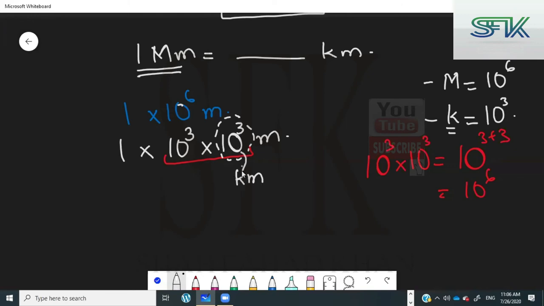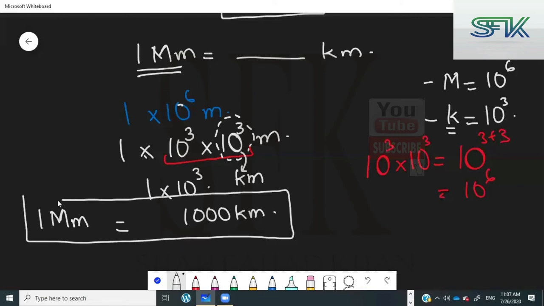You just replace the 10 raised to the power of 3 by the k and leave everything else the same. Now 1 multiplied by 10 cubed, what does this mean? This means that you've got 3 zeros next to the 1. This means 1,000 kilometers. So in other words, I can say that 1 megameter is equal to 1,000 kilometers.